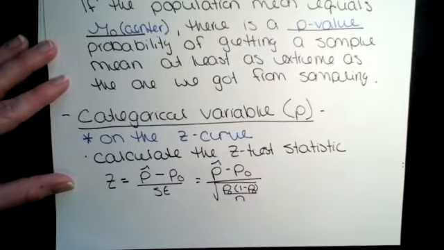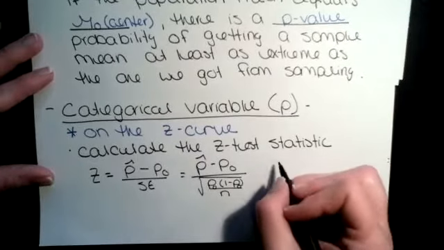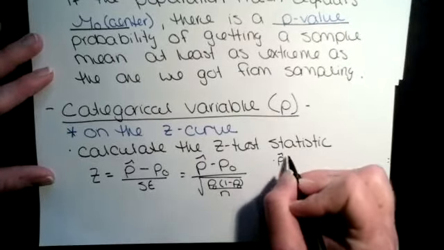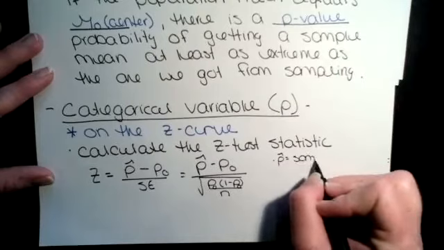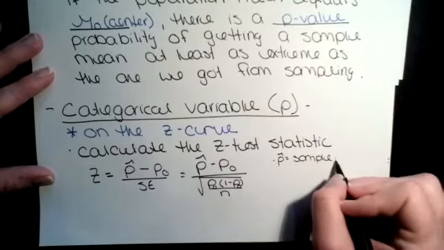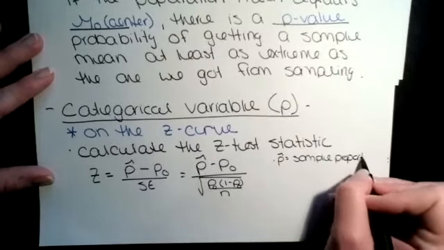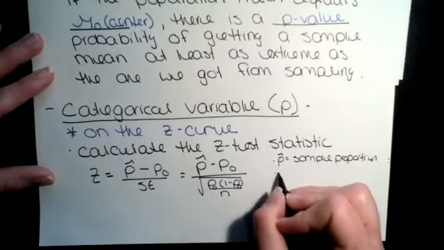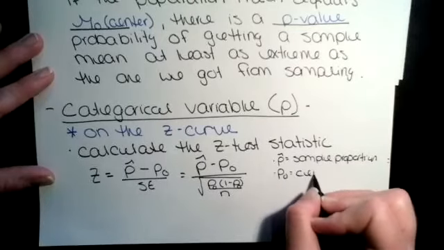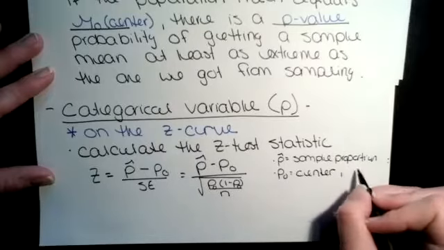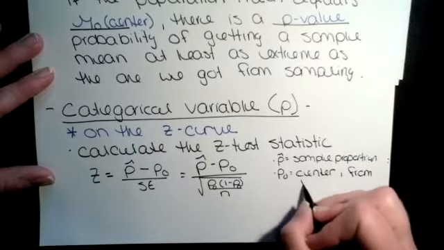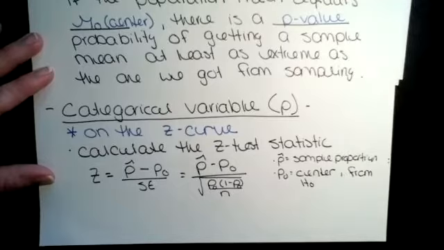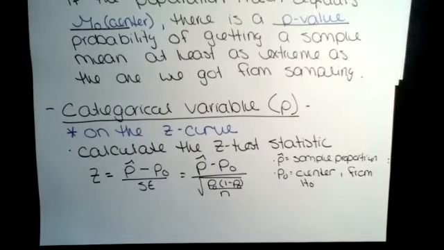So we want to make sure we use our p naught value there. I'm going to write these off to the side just to remind us. P hat is my sample proportion. P naught is the center, from my null. And then my standard error, and n, of course, is my sample size.